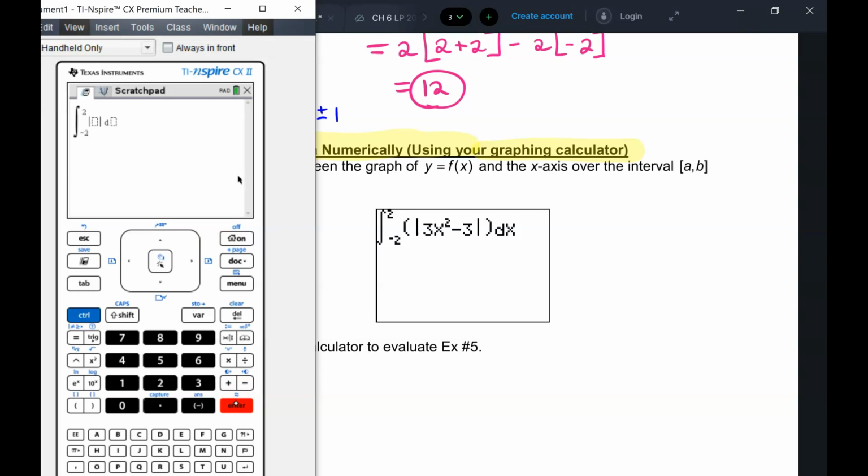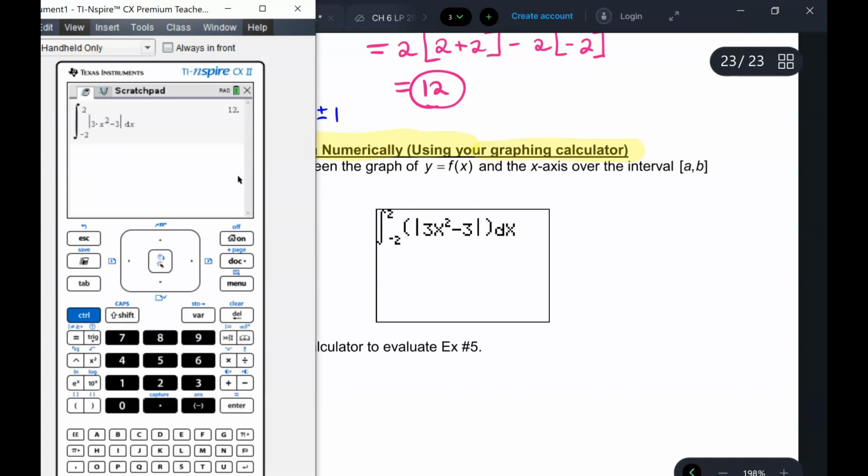It'll take anything that's below the x-axis and flip it to above the x-axis. So that little region of the graph, it'll just go above. And then we just type in 3x squared minus 3. Don't forget to put the dx. 12. I know.